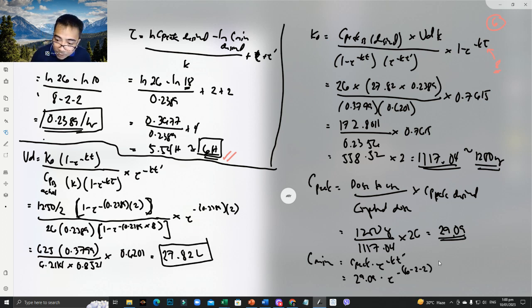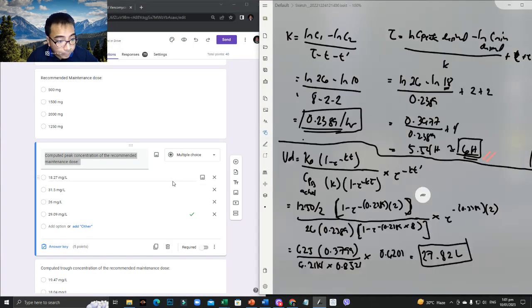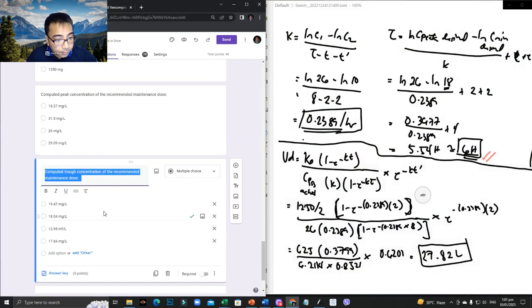So, therefore, ang lalabas dyan is e negative 0.2389 times 2. Tapos 29.09 times that, answer 18.04, which is our C trough. Okay? So, C trough natin is 18.09.